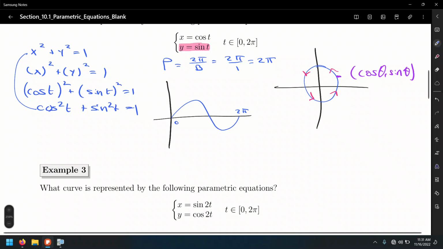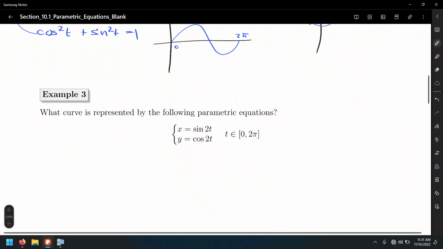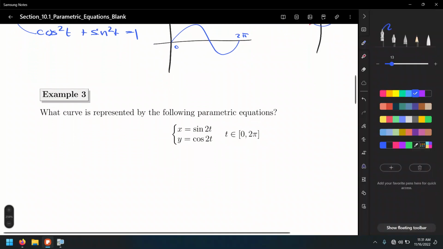First of all, let me use the Pythagorean identity. I'm going to start the way I should have started the previous example. Usually, the trigonometric identity is sine squared t plus cosine squared t equals 1. This identity still holds regardless of the coefficient of t.